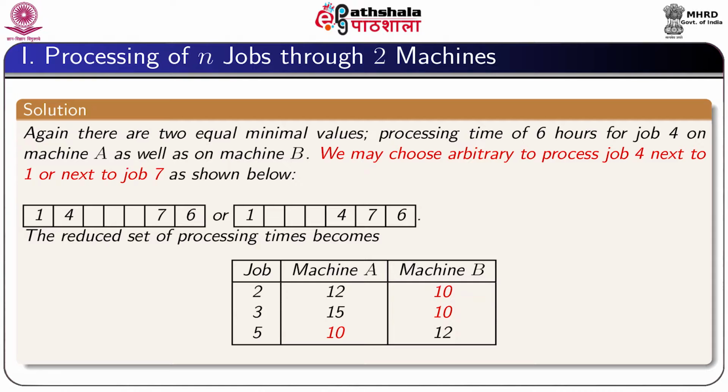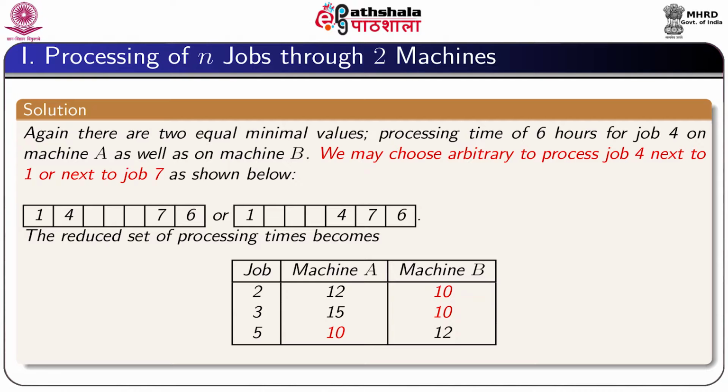Therefore, we have 2 sequences as shown in the slide, and the remaining jobs are to be selected from the reduced set of processing times as shown in the slide.